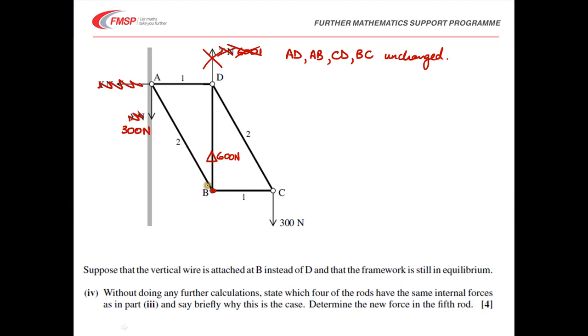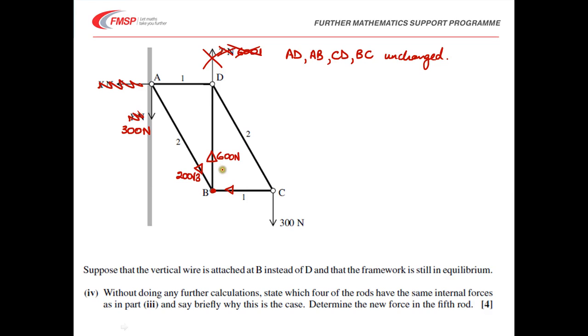So let's take a little closer look at BD. We saw in the previous part of the question that AB is in thrust with a force of 200 root 3 newtons, and BC is also in thrust in here, so there's a thrust in that direction.